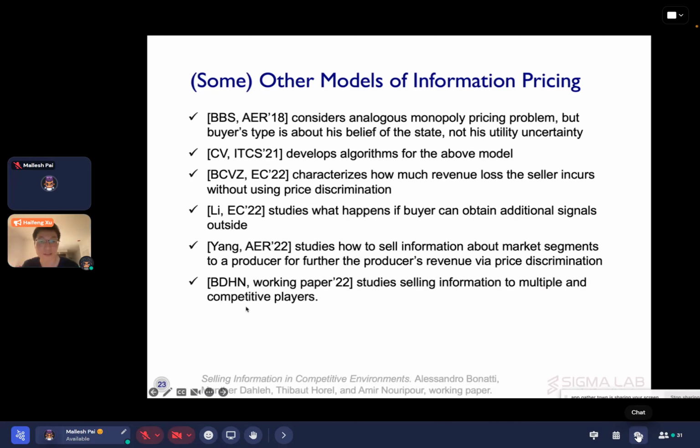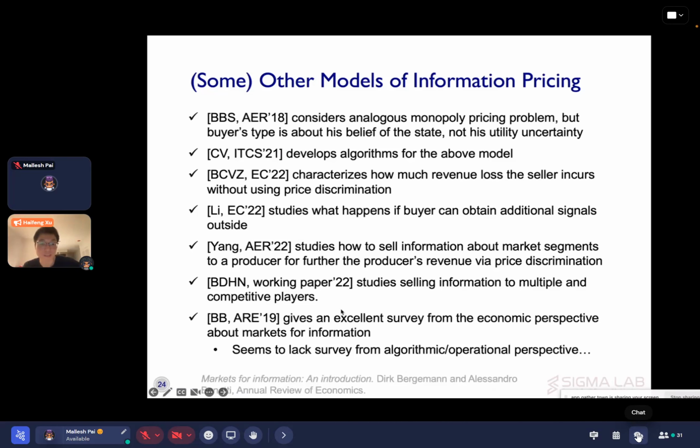And I think there's a working paper from MIT that studies how to sell information to multiple competitive players. Previously, most models I mentioned were about a monopoly pricing information to a single buyer, but you can also sell information to competitive buyers. And there's ongoing work on this. I think they also have a follow-up work on this, actually from the same team of members.